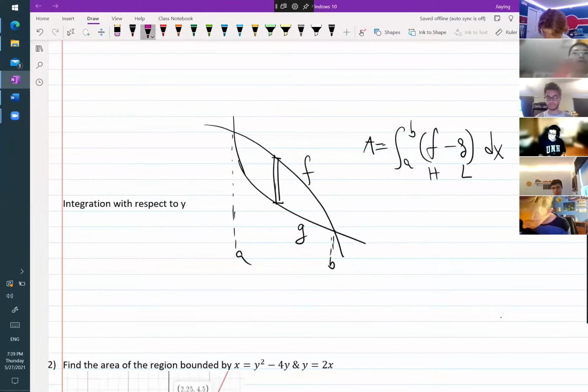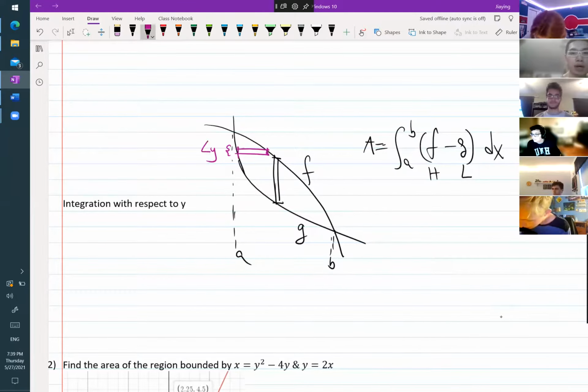Now, I'm going to draw it differently. I'm going to draw the rectangle horizontally. And if I do that, the base of the rectangle, this part, is not dx anymore, it's dy.